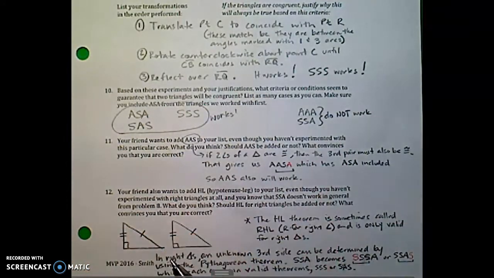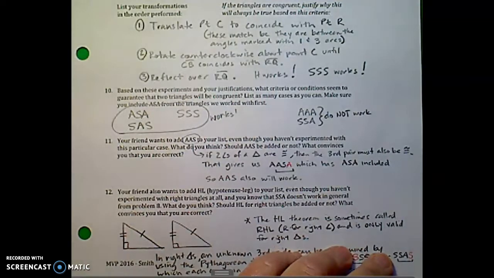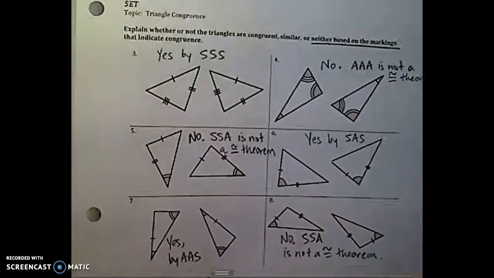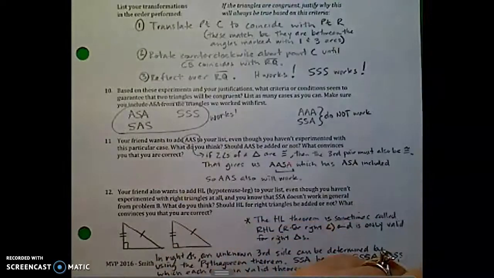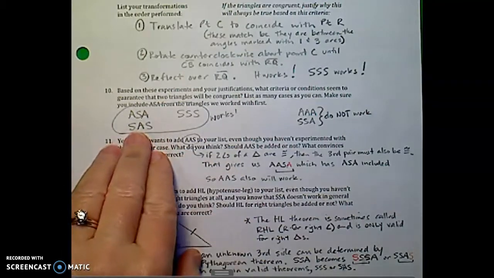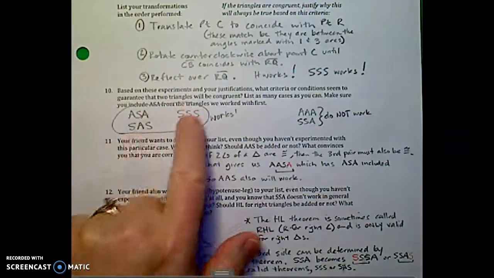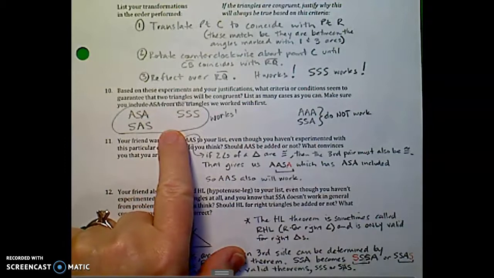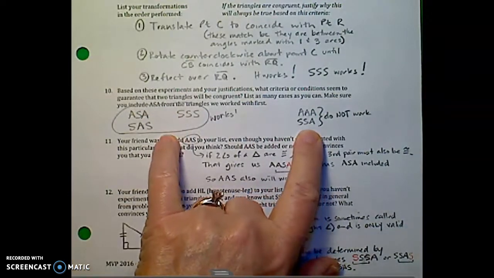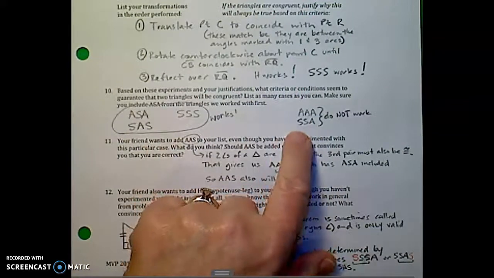So when you're trying to prove that triangles are congruent, which is something you'll have to do in your homework, you're going to look at the markings that you're given and decide if you have either of these situations set up, or maybe you have some of these situations set up, and based on what you're given, it may work, it may not work.